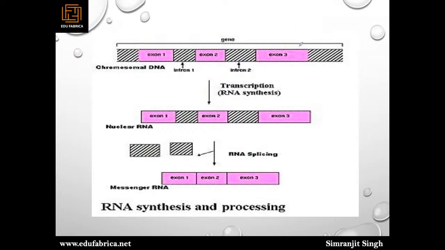Also during this process there is RNA synthesis and processing. These things that I'm describing are actually quite long lectures, but I'm just trying to give you a summary of all these at the moment. So we have your chromosomal DNA, which will have your exon 1, exon 2, exon 3. This is the whole gene.